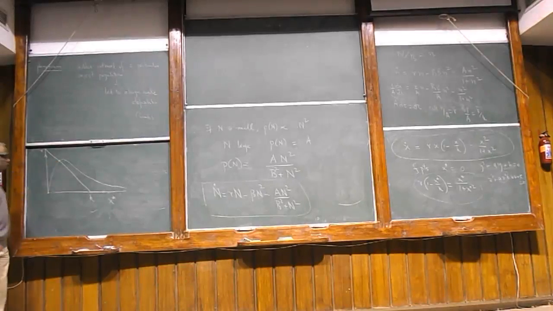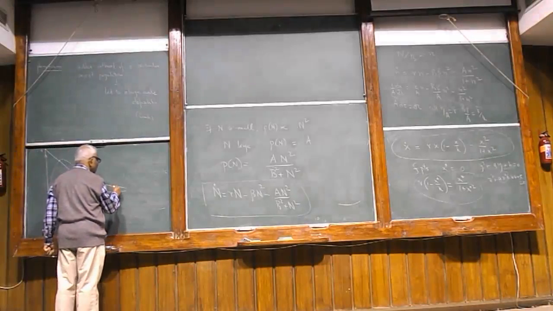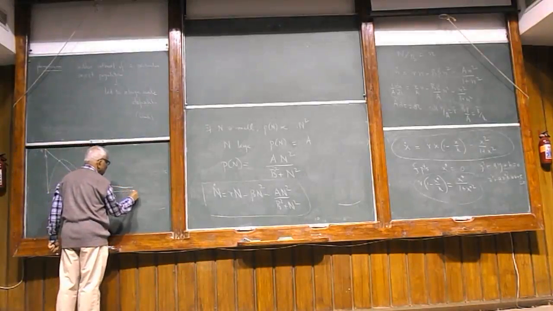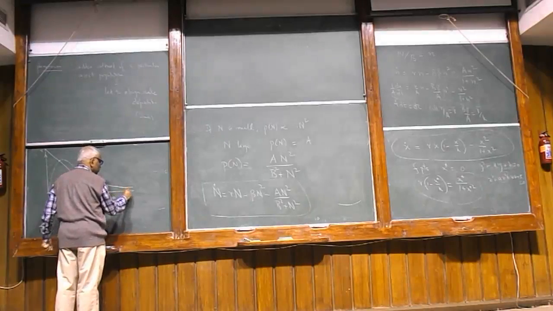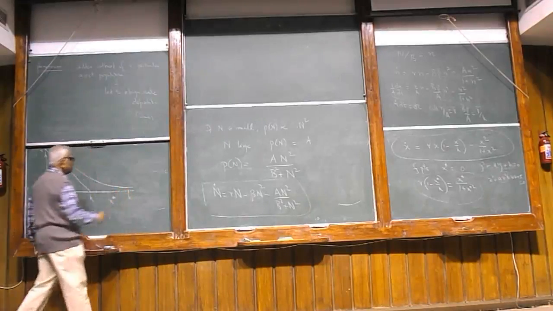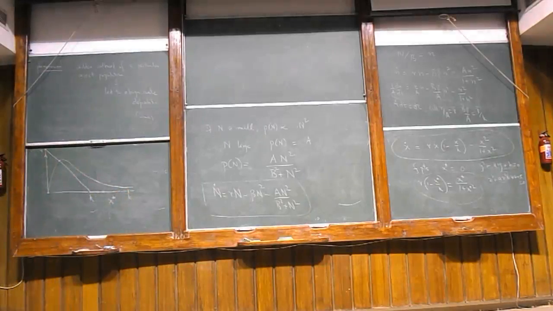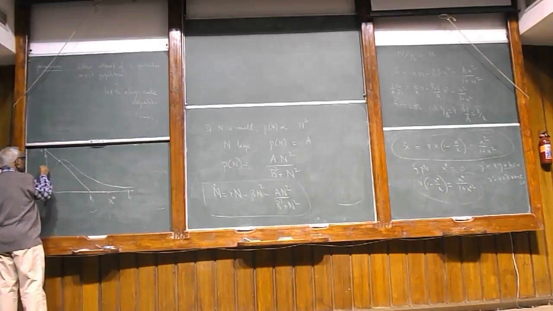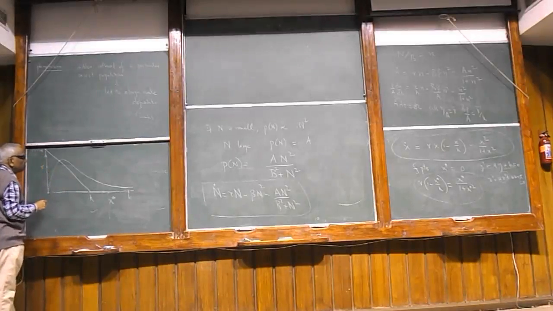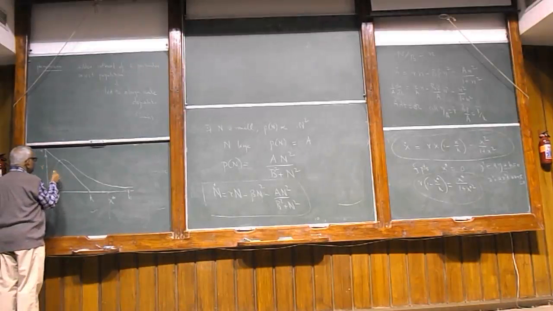But now imagine that k is large enough and k is somewhere over here. So this is where k is. And let's say my r is somewhere over here.